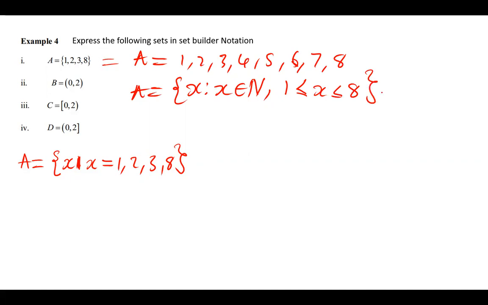So this would have been the answer. What this part means is that we are listing numbers from 1 to 8, and these numbers are supposed to be natural numbers.